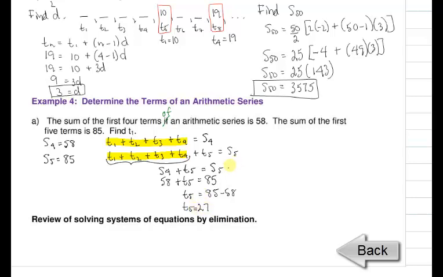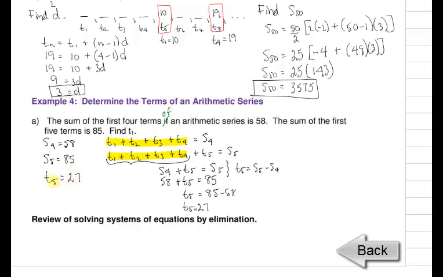You can generalize this by saying that T5 will equal S5 minus S4. Okay, so over on this side now I can write that T5 is 27.